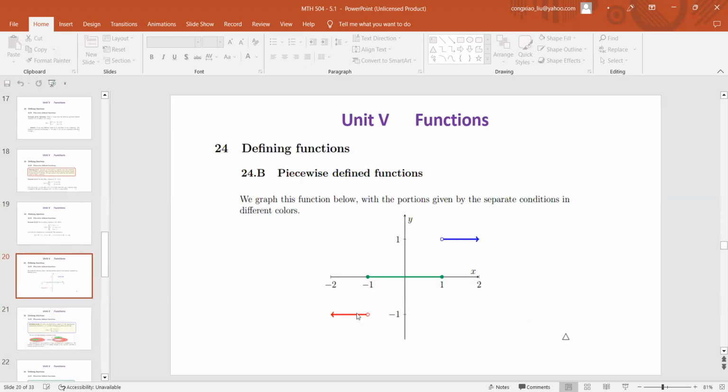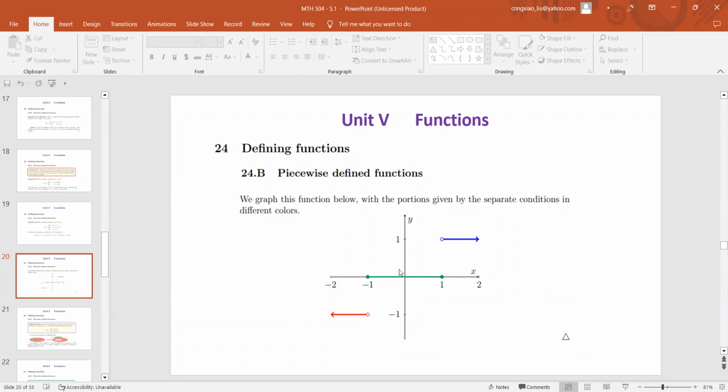All right. So three pieces. One piece in the middle from -1 to 1, including both endpoints, so we use closed dots.